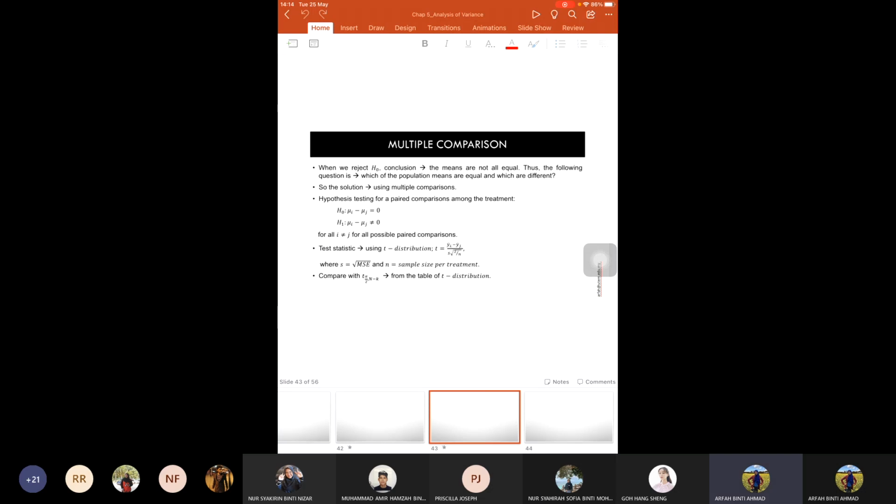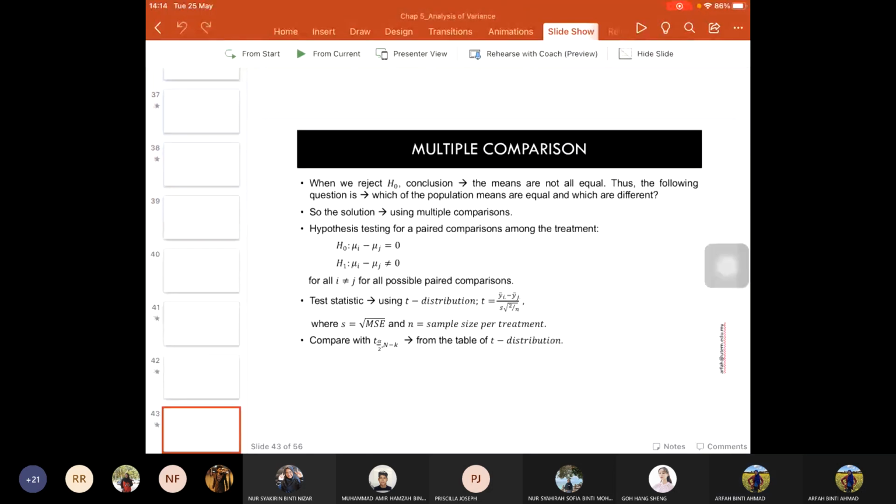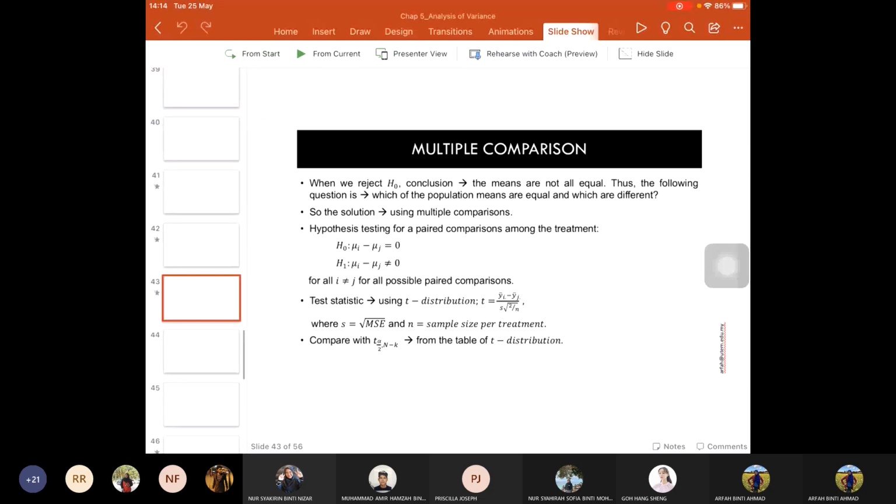Okay, multiple comparison, slideshow, concurrent. Kenapa dah pula? Tak jalan.